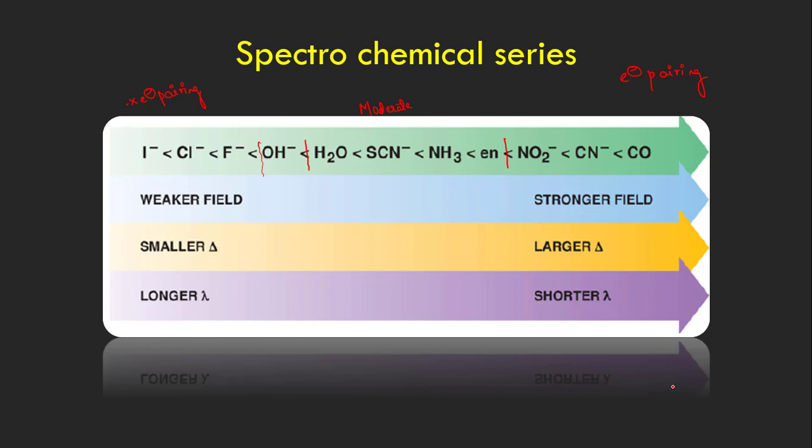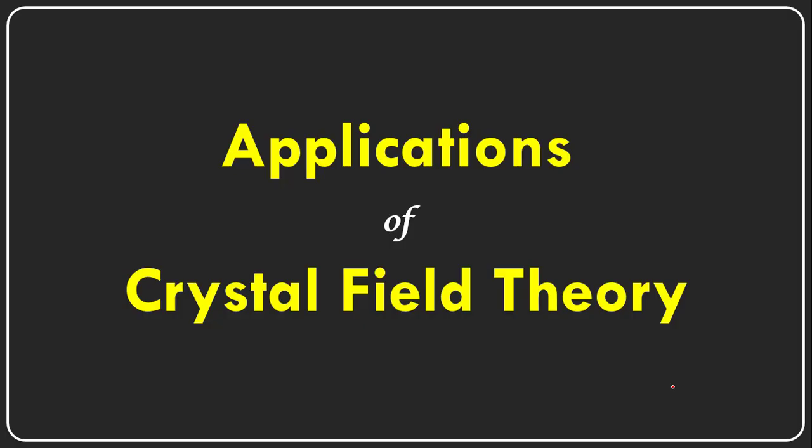There are stronger field ligands and weaker field ligands, and how these ligand fields influence the crystal field, we discussed in my previous videos. If you did not watch them, please watch them first.